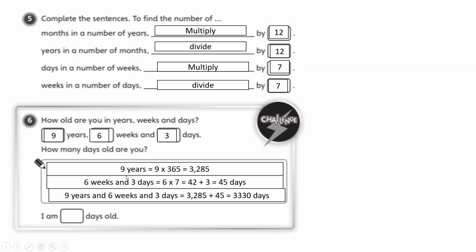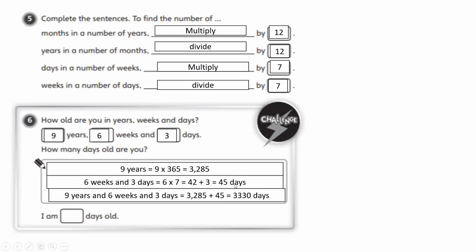Let's work that out. So 9 years, well, we know there's 365 days in a year. So it's 9 lots of 365. And when you work that out, you know that that is 3,285 days. And then 6 weeks and 3 days, 6 weeks is 6 times 7, so that's 42.